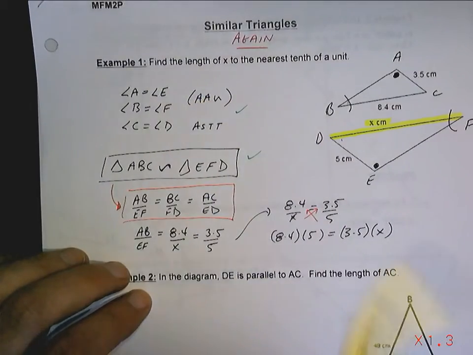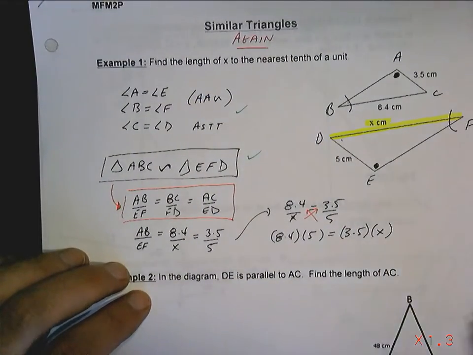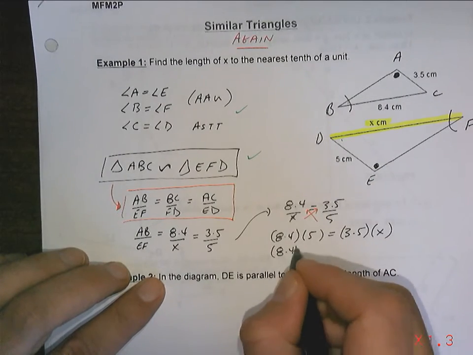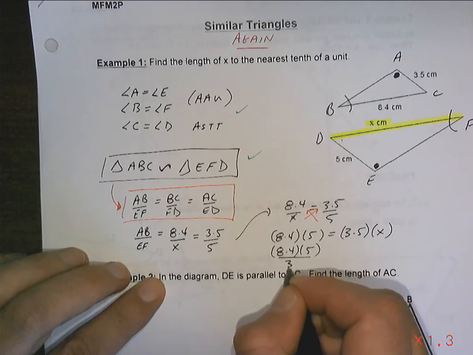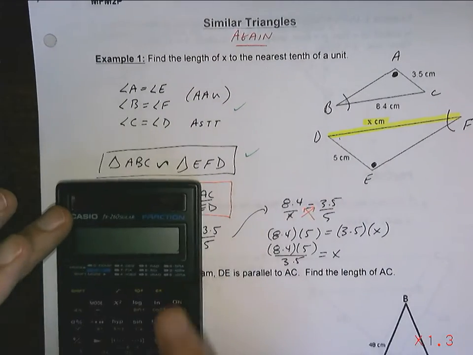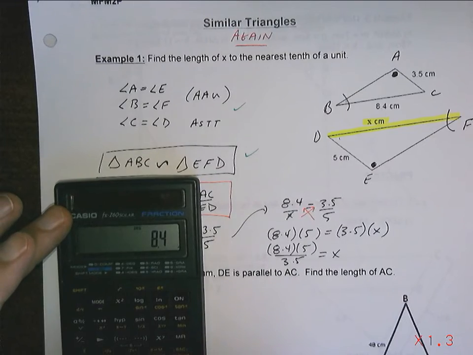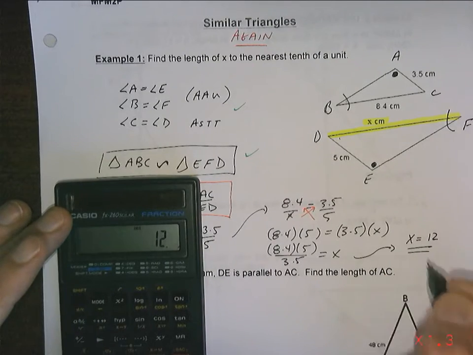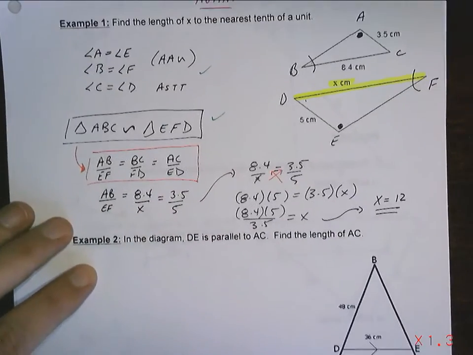We want just x. So we're going to divide both sides by 3.5. That'll be 8.4 times 5 divided by 3.5 equals x. Using a calculator, you're going to end up with x equals 12. And that's the answer. And it's gorgeous.